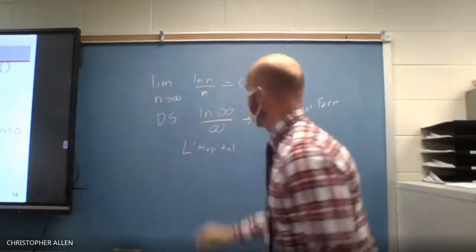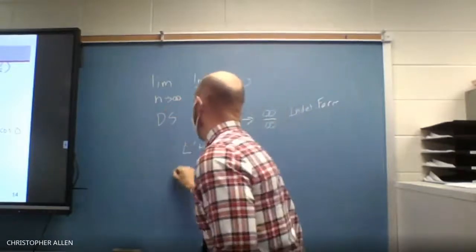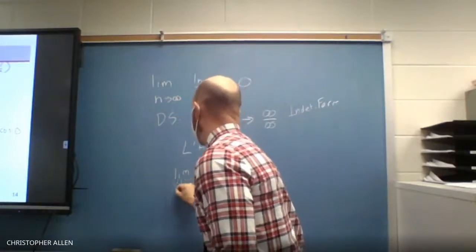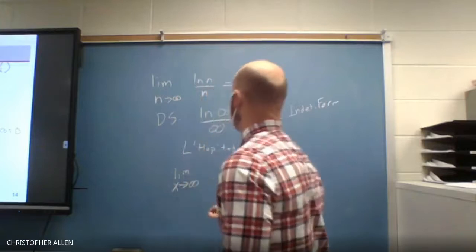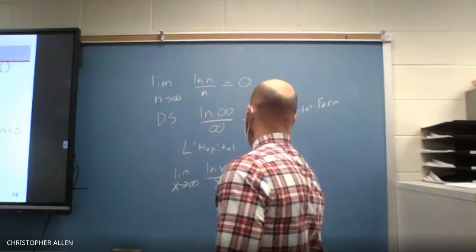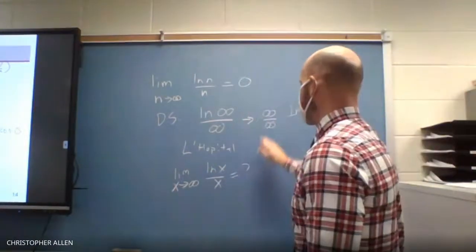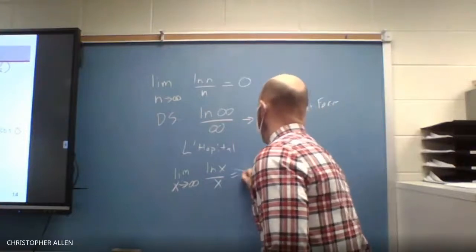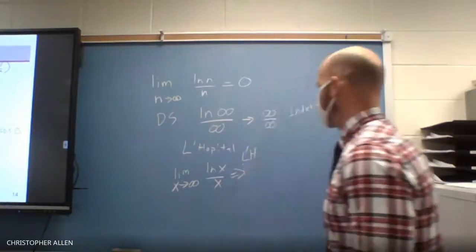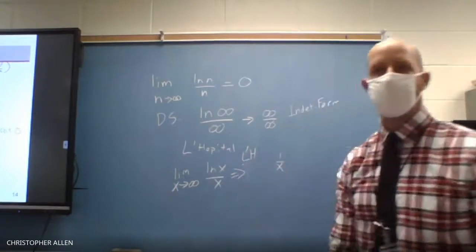And so we're going to do the derivative of the top. In fact, let me change this a little bit. Would you guys agree I could say that the limit as x goes to infinity of the natural log of x over x is what we're trying to do, right? And in this case, we get an indeterminate form. So we're going to use l'hôpital. The derivative of the top is 1 over x, if I'm not mistaken.